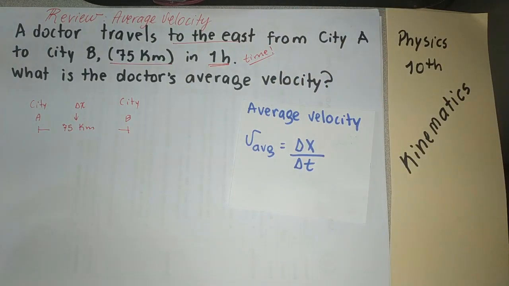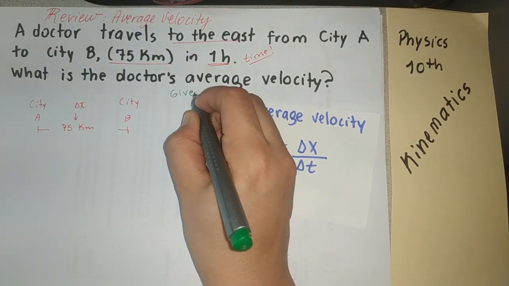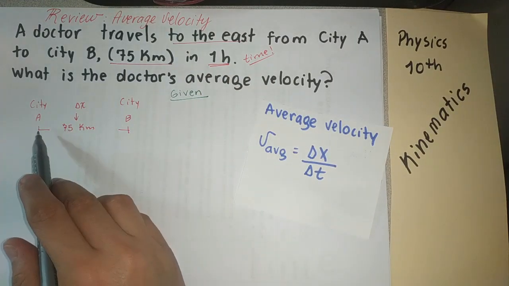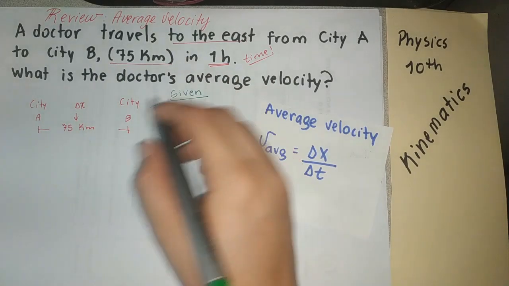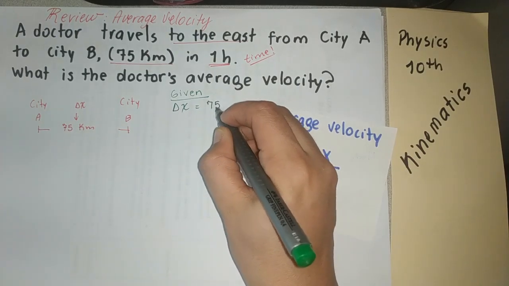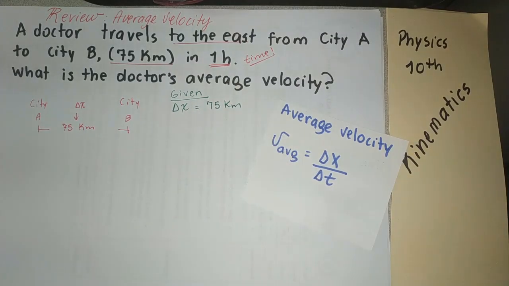So first of all, what we do in a physics problem is to start writing the givens. We already said that as I have a city A and B, the distance between the two is going to be our displacement. Now, the second given of the problem is the time. How much does the doctor take to travel from city A to city B, from San Pedro to Tegucigalpa, for example?